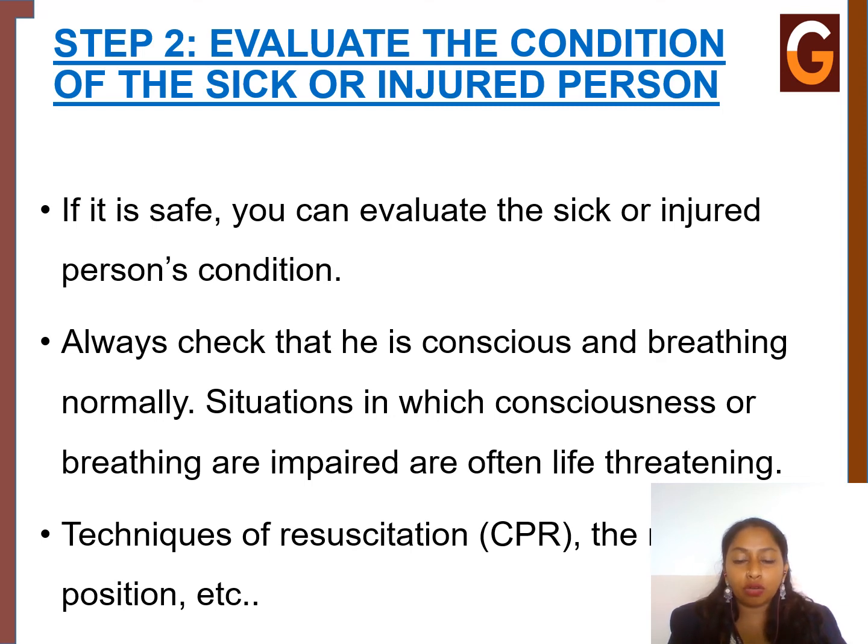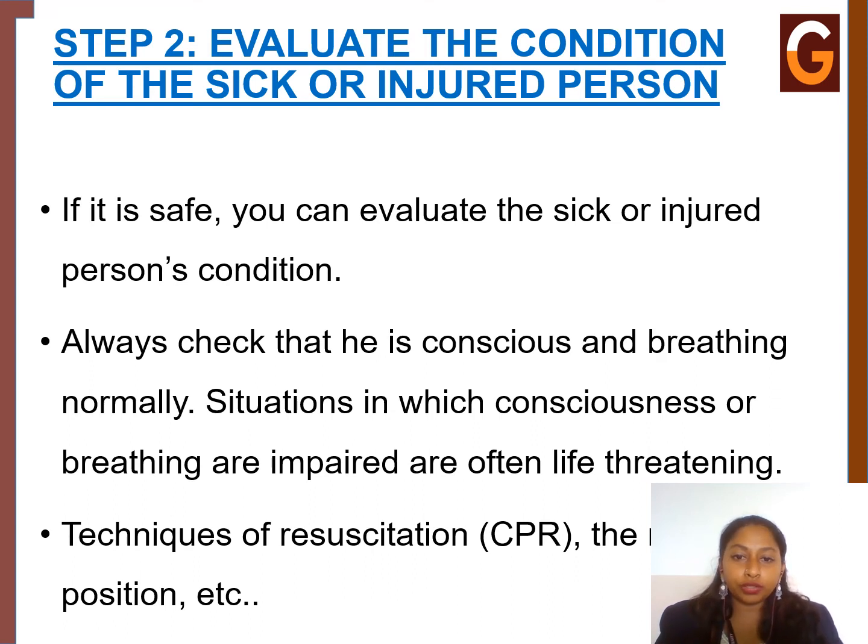We have to mention all the conditions you have evaluated, and give them to the police or the ambulance or whomever you are seeking help from first, so that they come prepared. So this is how you will evaluate. First, as I told you, it is about the A, B and C: airway, breathing and circulation.